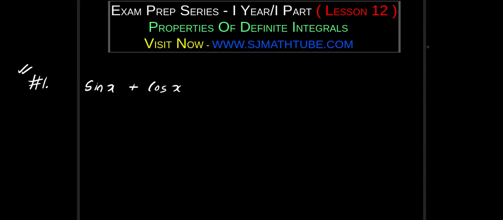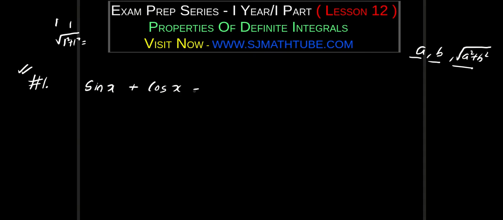Normally the Pythagorean triplet means a, b and the number root under a square plus b square, because these will always be the sides of a right angle triangle. Anyway, this a and b stand for the coefficients of sin x and cos x. And here the coefficients are 1 and 1. So the triplet will be root under 1 square plus 1 square, and that will be root 2.